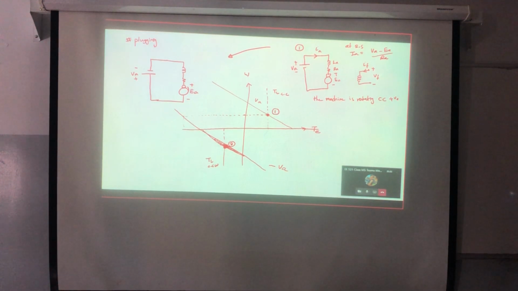This can be seen as I brake. It will be a huge current. Then after that, the machine will start to decelerate until this point.